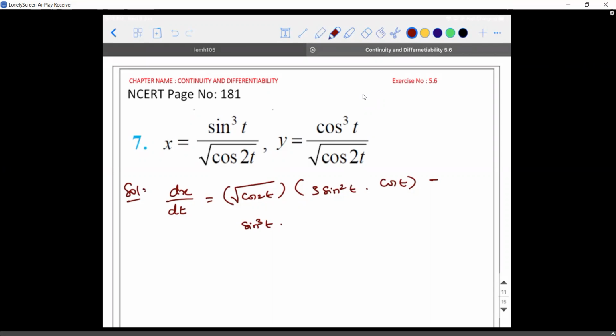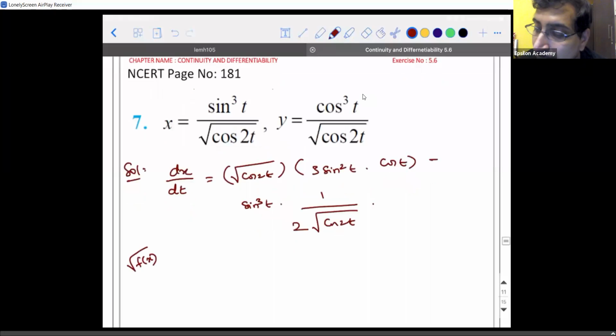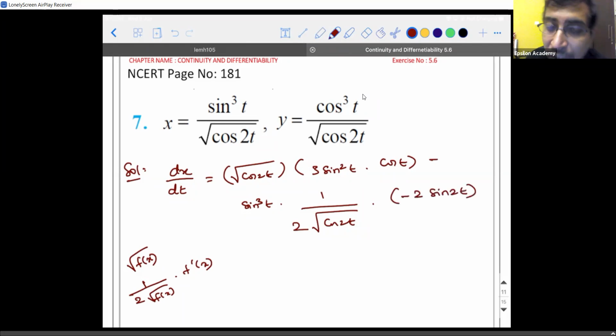It is 1 by 2 root of cos 2t into, because this is in the form root of f of x, so it is 1 by 2 root of f of x into f dash of x. So 1 by 2 root of cos 2t into, what is the derivative of cos 2t? Minus 2 sine 2t. Is there anyone who didn't understand this?